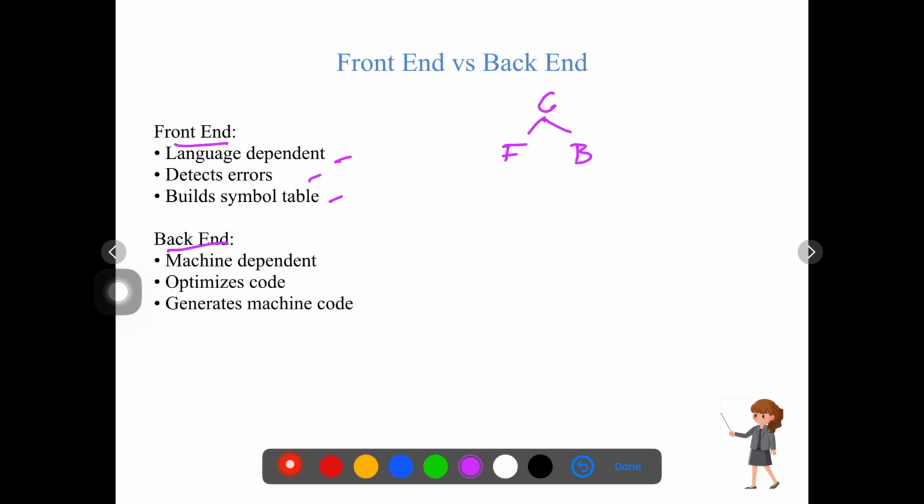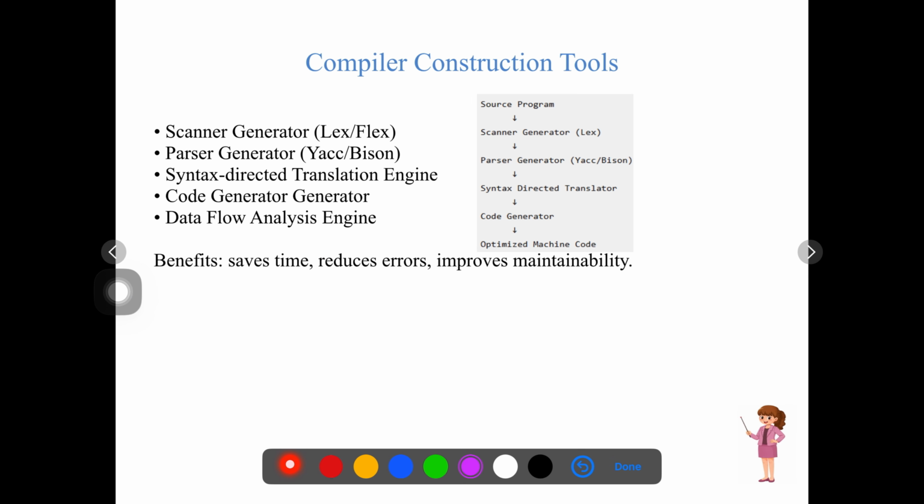Back end is machine dependent. It generates the optimized code and generates the machine code. This separation makes the compiler easier to design and maintain. I hope you guys understood. Let's move on to the next slide.